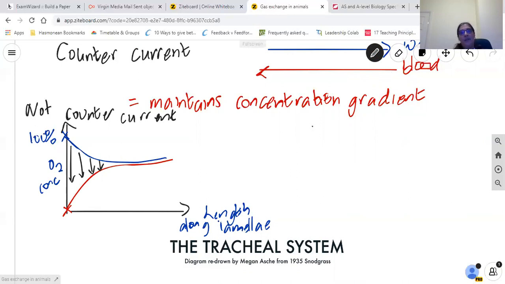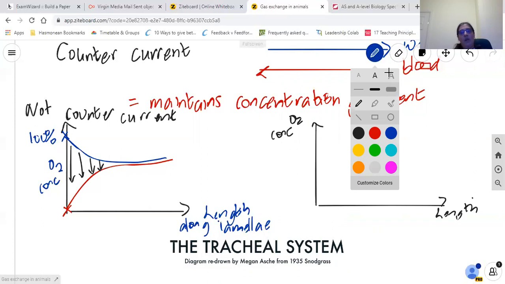On the other hand, if we have the other way, so we've still got length and we've still got oxygen concentration. Okay, and we think about the water. The water's coming in one way and the blood is coming in the other way. So the water, say, is coming in from this direction.